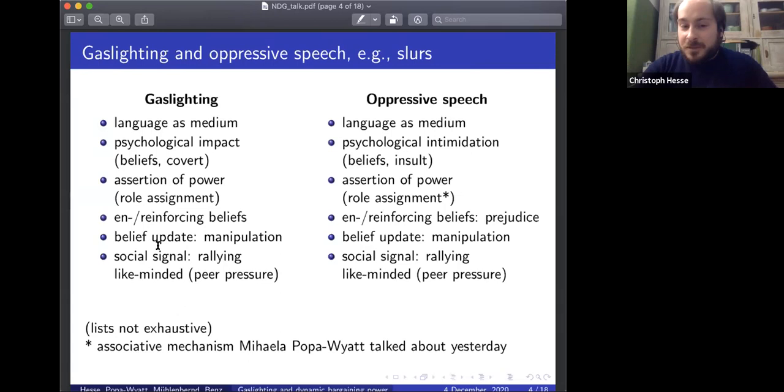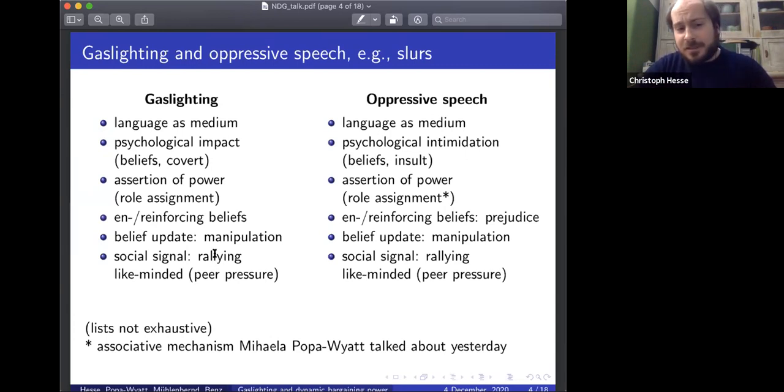And in both cases, it's not so important that you manage to entirely convince the victim. Oftentimes, the perpetrator will be happy with the result if they change the beliefs of the victim enough so that they nudge them in the direction where they behave the way they want them to behave.